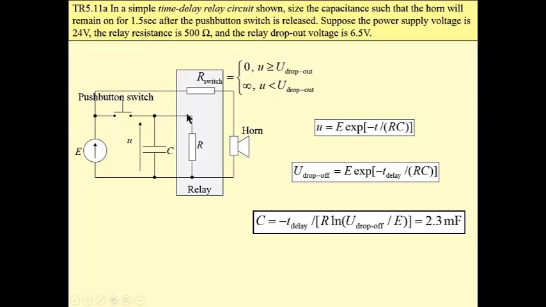So actually our task is to size the capacitance of this capacitor such that during the discharge phase this voltage is reached after 1.5 seconds. This obviously can be done by manual calculations. It is 2.3 millifarad. We may also find this value of the capacitance using PSpice simulation.